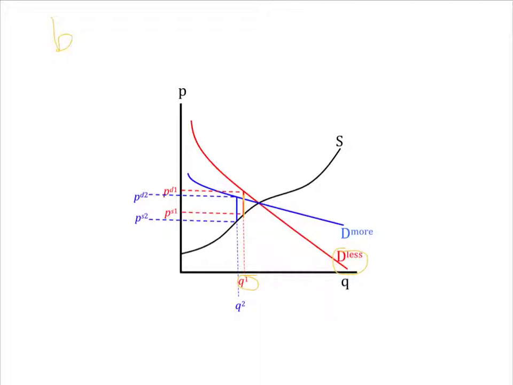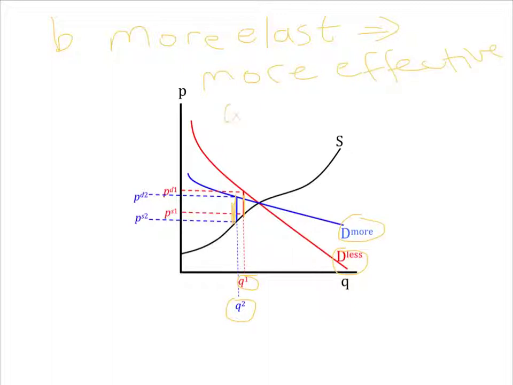If demand is more elastic, we get the same 50-cent wedge, but quantity reduces even more. So the answer is more elastic implies more effective at lowering Q.